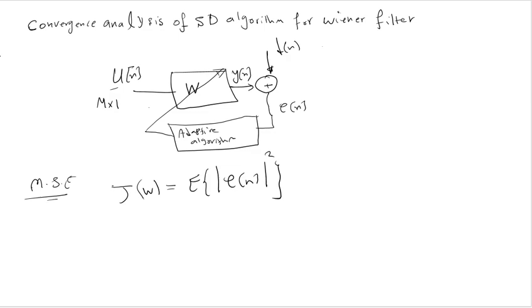And the input-output relation of filter is y(n) equals to W Hermitian u(n). This is the input-output relation for a beamformer, spatial filter or temporal filter. Any filtering or convolution we can write in a vector and matrix form like this relation.